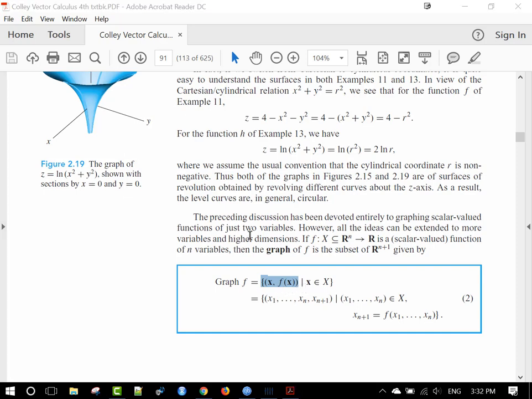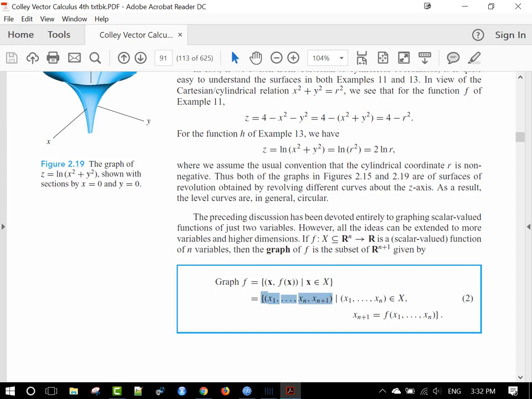x is in, they say in here, but this is just some subset of Rn. So x is a set of points in Rn. And then we get the surface sort of above it, but now we're not talking about a surface, we get a bunch of points in Rn plus 1.